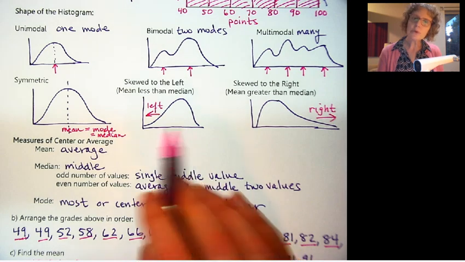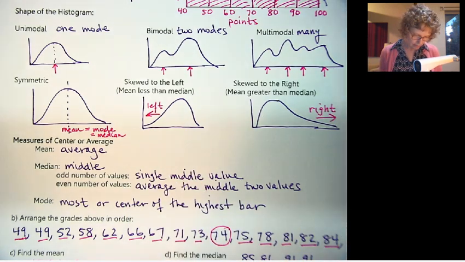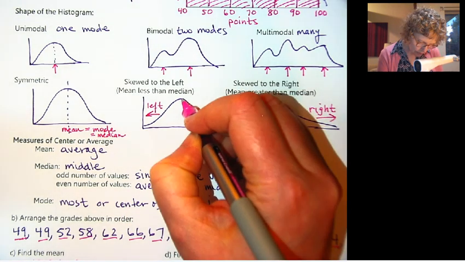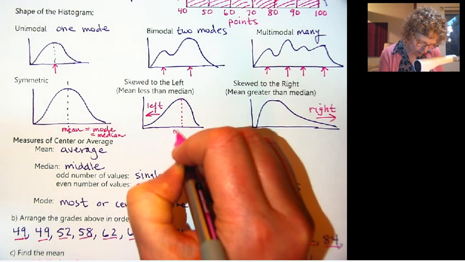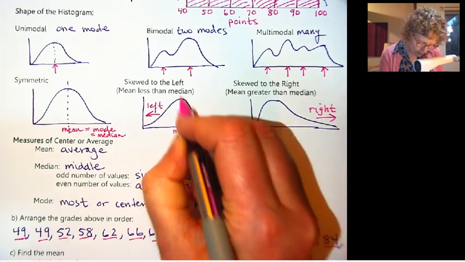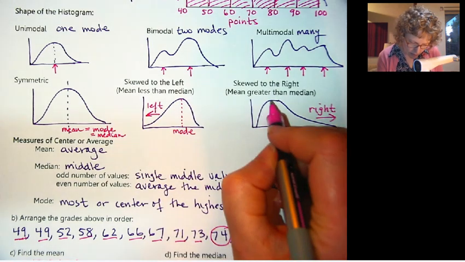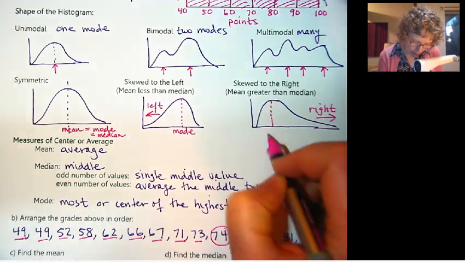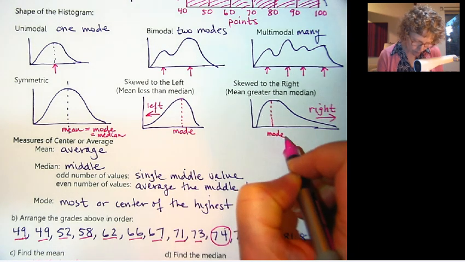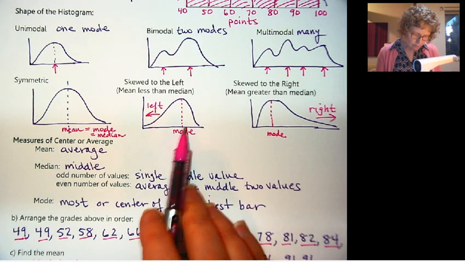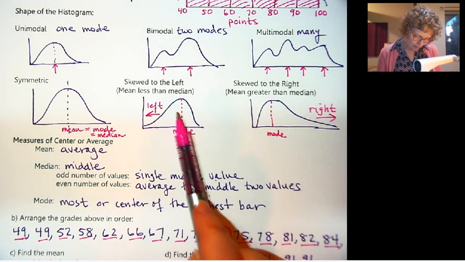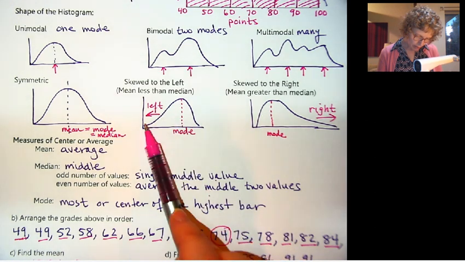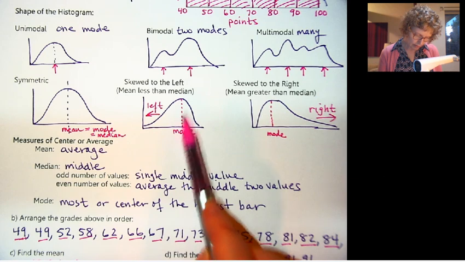If it's skewed, then that's not the case, right? So if it's skewed, here's our mode. That's the center of the peak, right? And then the median is the middle. That's the halfway point. So see how it looks like there's more space, more area on this side than there is on this side?